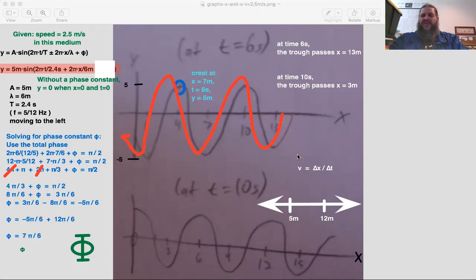So it's essentially the same procedure. We're just reversing the use of position and the use of time. And then once you can figure out which one of these points the crest hits earlier, like let's say you find that the crest hits the 5 meter mark earlier and then hits the 12 meter mark later, that would mean it's moving to the right.